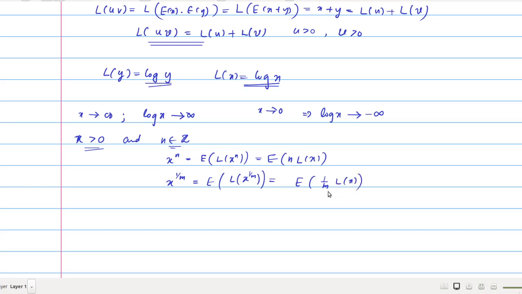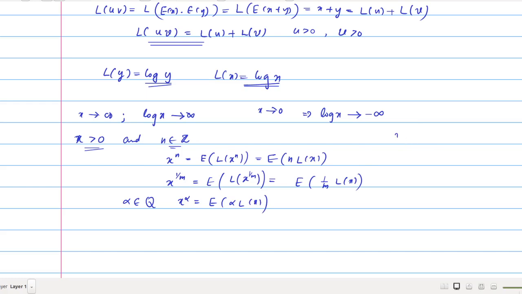Okay, so using this fact, you can get any alpha. For any alpha belongs to Q, we have x raised to alpha can be written as E of alpha times L of x. Okay, so these are because of these facts.